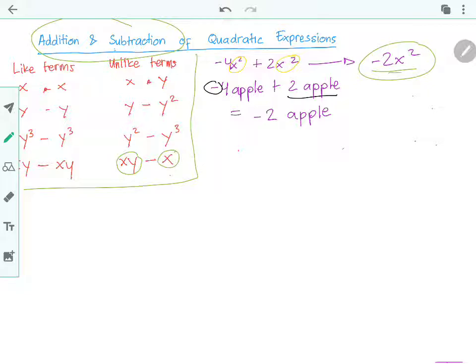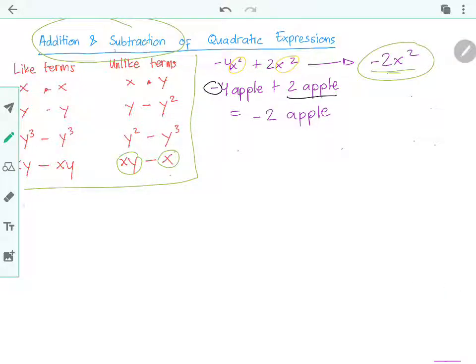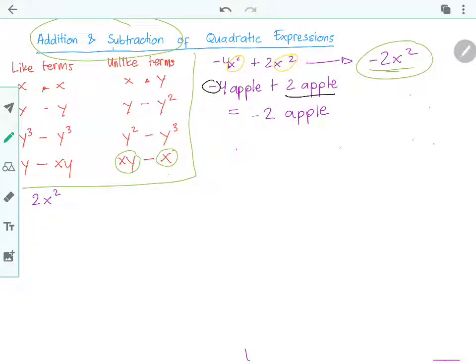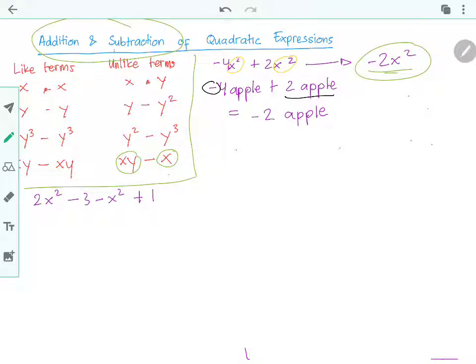I'm going to use another example. Let me change colors first here. So I have 2x square minus 3 minus x square plus 1.